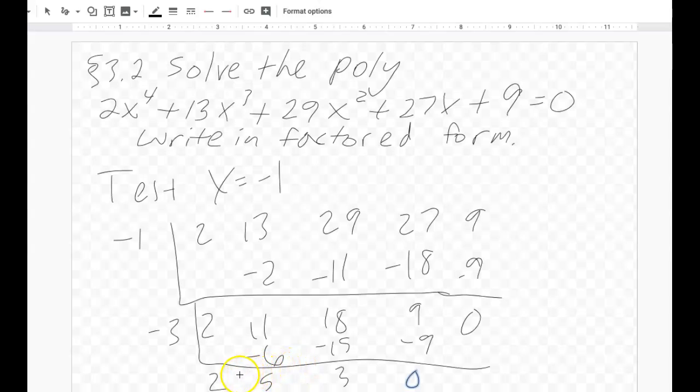And so you can really approach this one of 2 ways. You can continue testing the zeros like we have been doing, or you can go ahead and start rewriting our polynomial. So let's go ahead and do that.